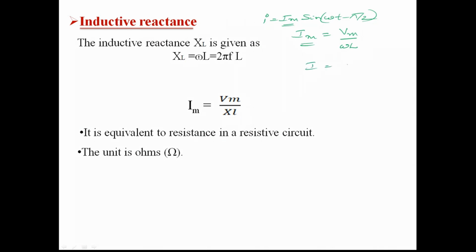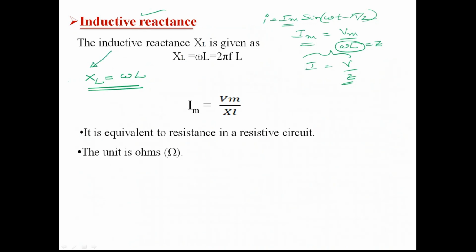The current I is equal to V by impedance or resistance. Is it looking like this, both are similar? Therefore, this omega L we call the impedance Z, and this is called inductive reactance, represented with the letter XL. So XL is equal to omega L, which is nothing but the inductive reactance.